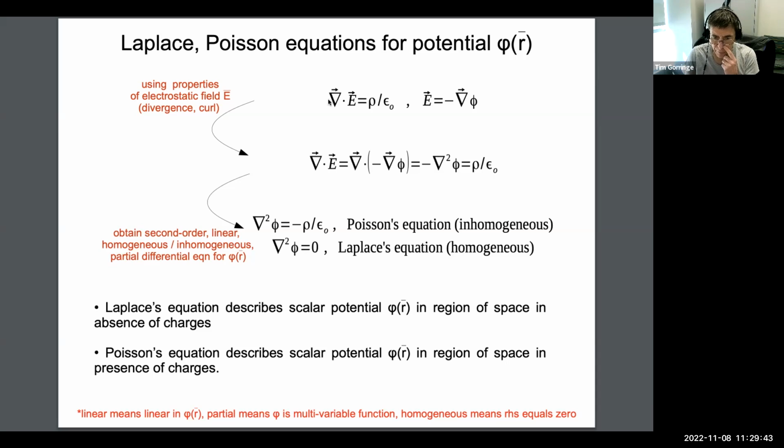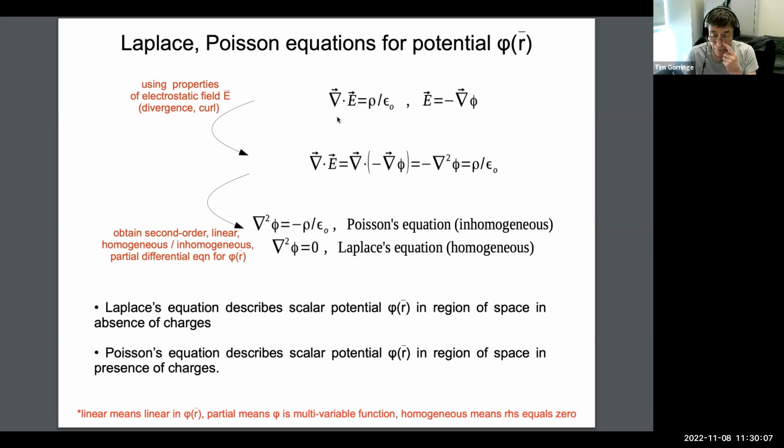They originate from the field properties, the field characteristics of the electrostatic field, and these properties are determined by its flux and its circulation, or using differential vector calculus, its divergence and its curl.